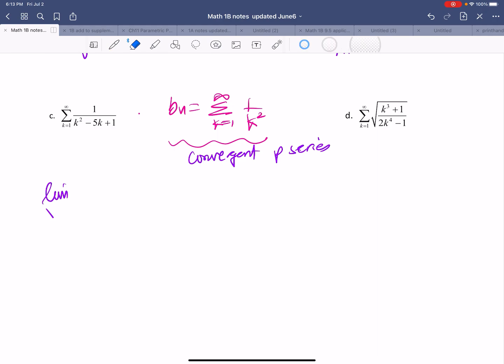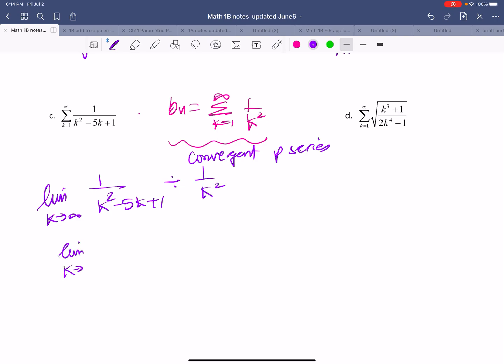The limit as k goes to infinity of 1 over k squared minus 5k plus 1 divided by 1 over k squared, which is the limit as k goes to infinity of k squared over k squared minus 5k plus 1. Again, we can use L'Hopital's rule because this is infinity over infinity form.